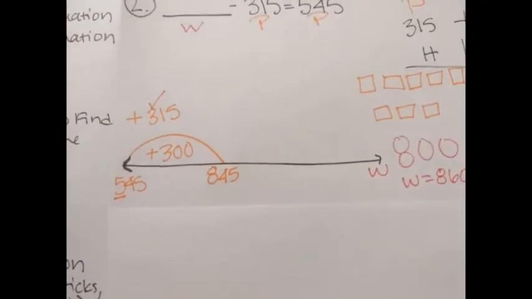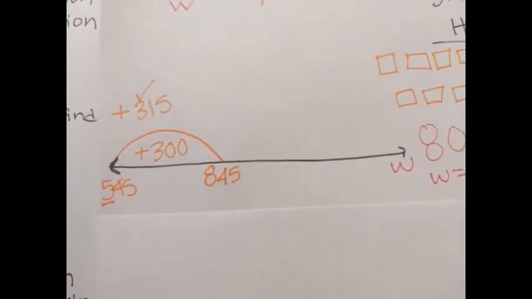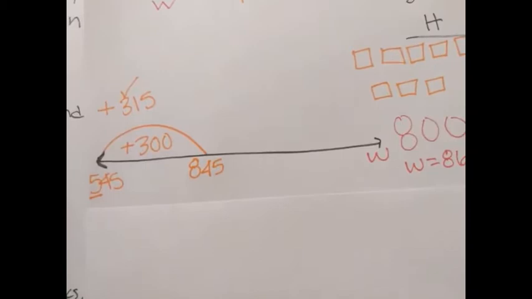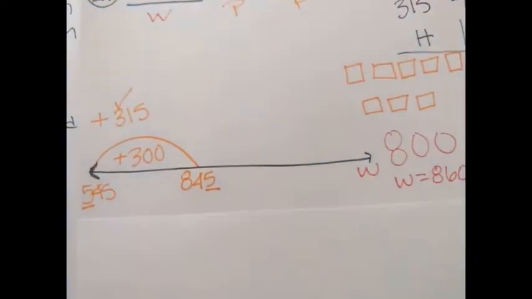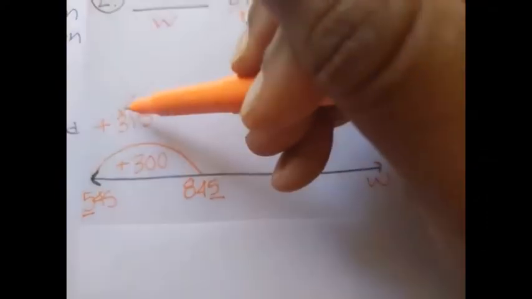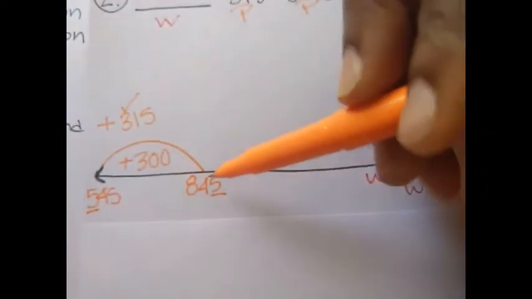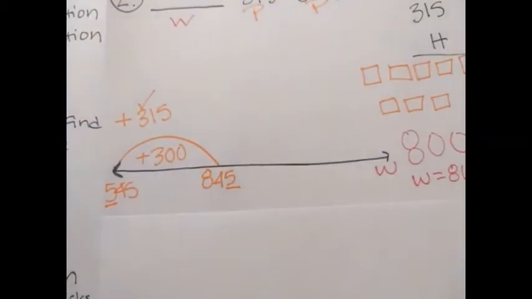So we're done with that part. Let's move on to the tens. When we are adding in the tens place value, we should not expect any change at all in the ones place. The only thing that we should expect to change when we're adding one of the tens to 845 is the tens place value.